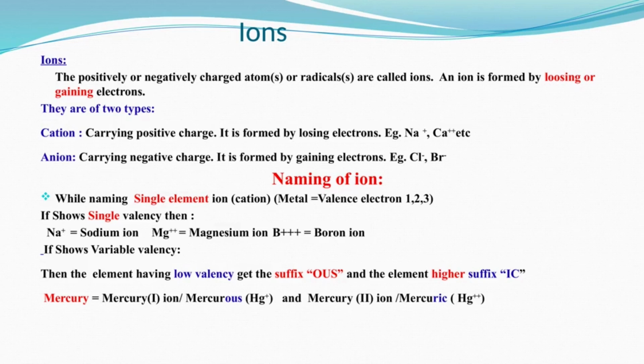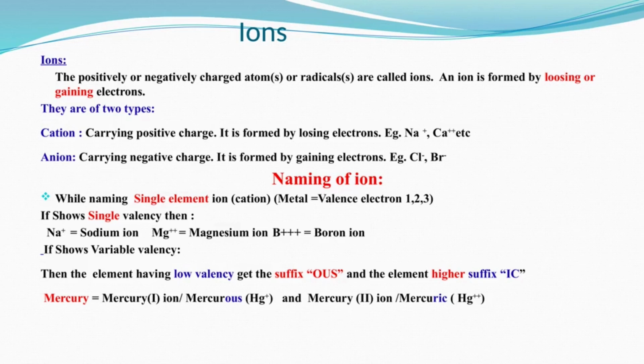And about the elements or radicals or ions in the case of variable valency: if they show variable valency, how we will name them we have already discussed. The element which has the lower valency will be suffixed by OUS, and sometimes in Roman numerals we will write 1, 2 or 3 according to the valency they possess.